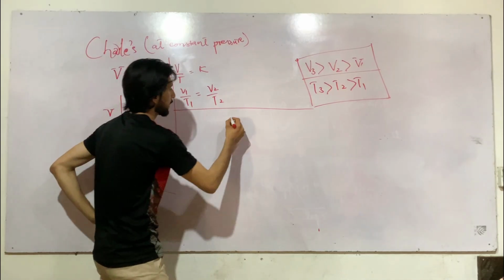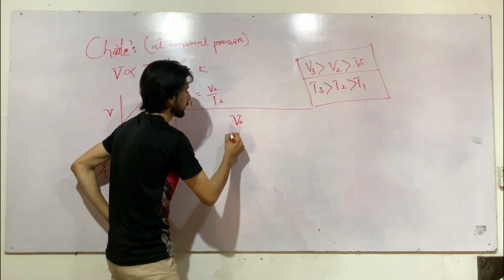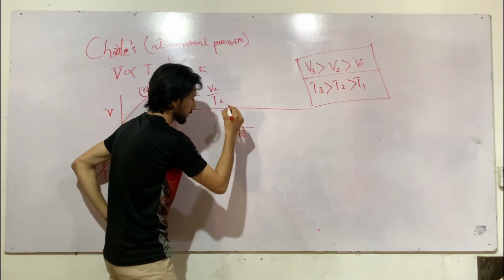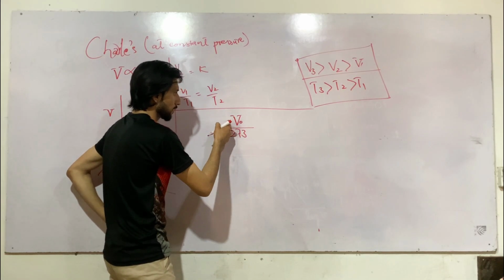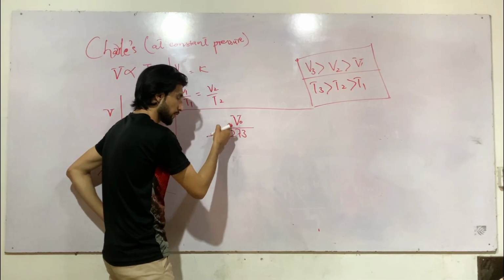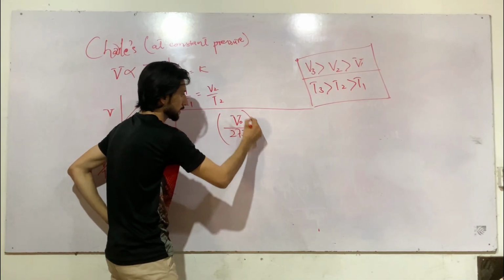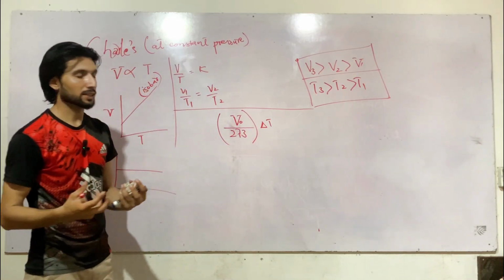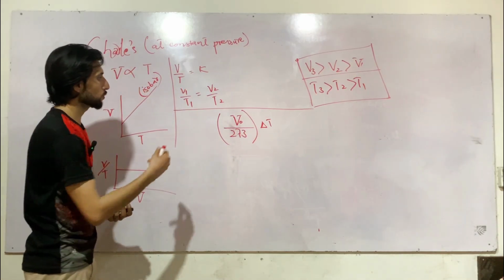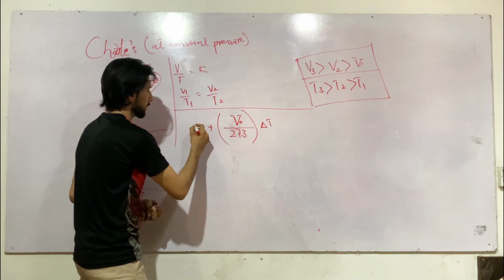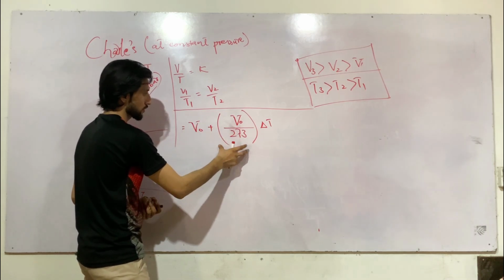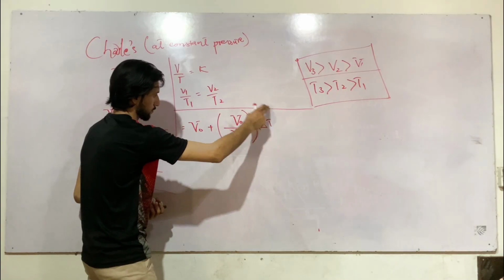Suppose I had the original volume of V naught. This would expand by 1/273 of the original volume per degree rise or fall in temperature. So if you were to find the final volume, you must add or subtract this change in the volume.